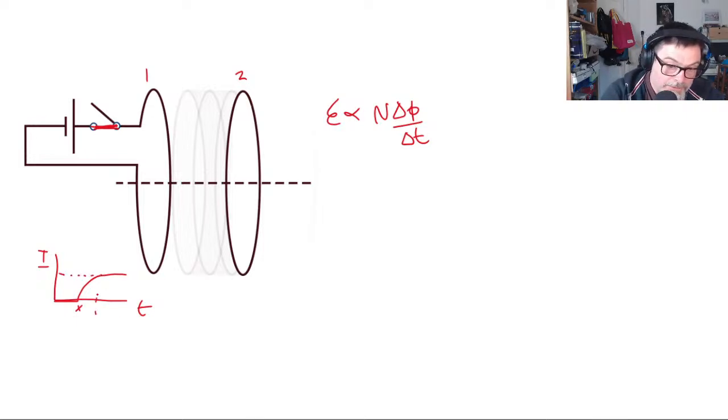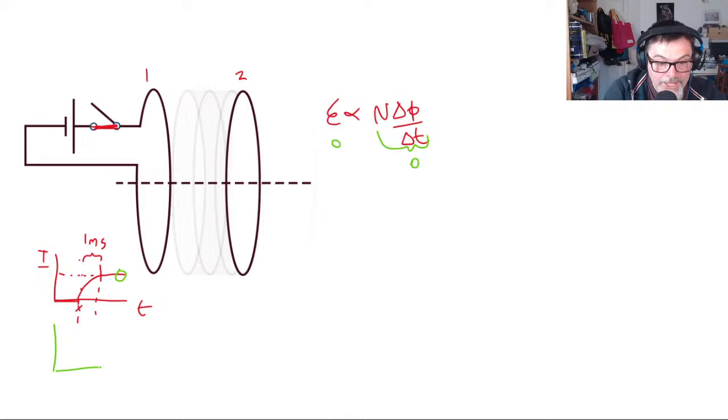And the time that it takes the current to build up might only be very short, say a millisecond, a thousandth of a second, but during that time there's a significant increase in current, and hence a significant increase in flux being produced by coil 1. In other words, we have an increasing flux until we get to this point where the current is steady. Now the rate of change of flux here has become 0, so there's no EMF.